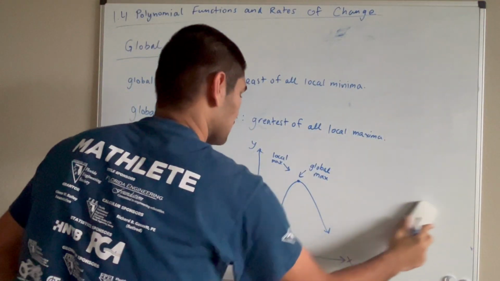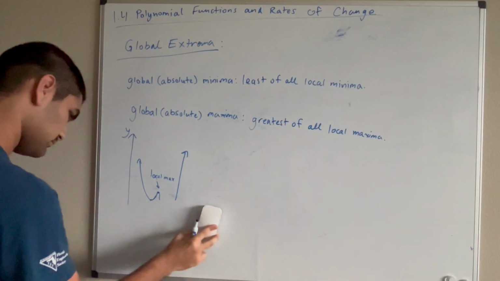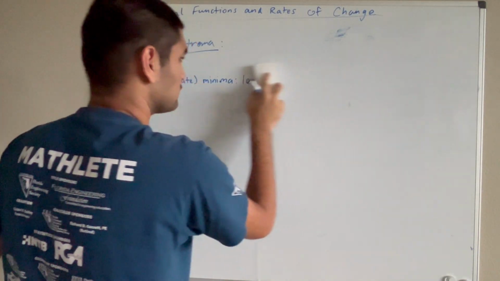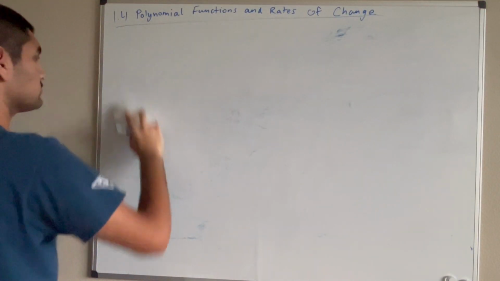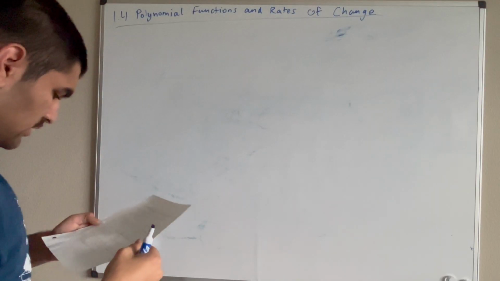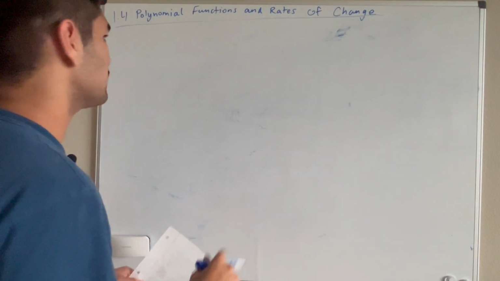Okay, good. So now let's move on to the next topic. The next thing is kind of like a little theorem, you could call it, maybe like a little lemma.